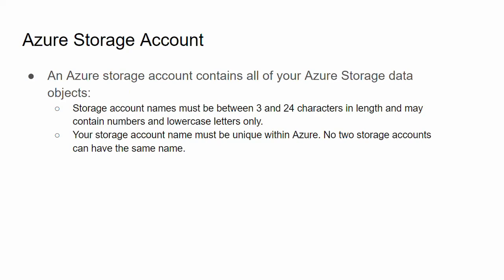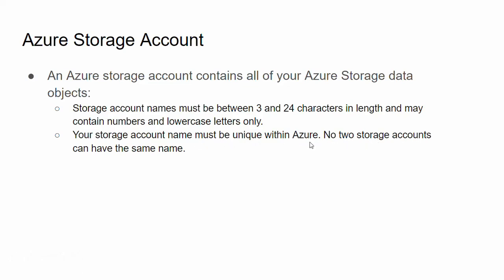For a storage account, there's something you need to note. When you create a storage account, it's a place for you to store your files. But the name must be between 3 and 24 characters in length and may only contain numbers and lowercase letters. And more important, your storage account name must be unique within Azure.